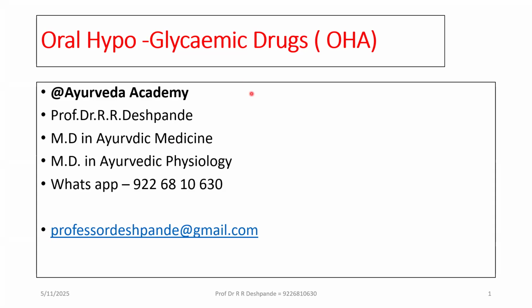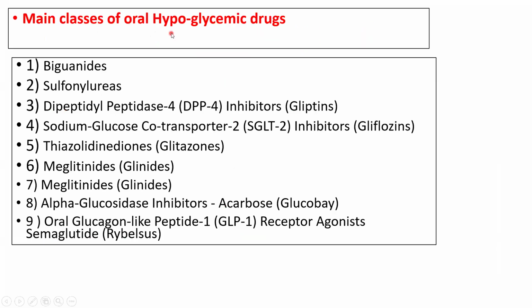Okay, so let us start with the action of these oral hypoglycemic drugs and their names. There are different names, but basically students must remember only two names, biguanides and sulfonylurea. This is the main classification of diabetic medicines for diabetes mellitus.